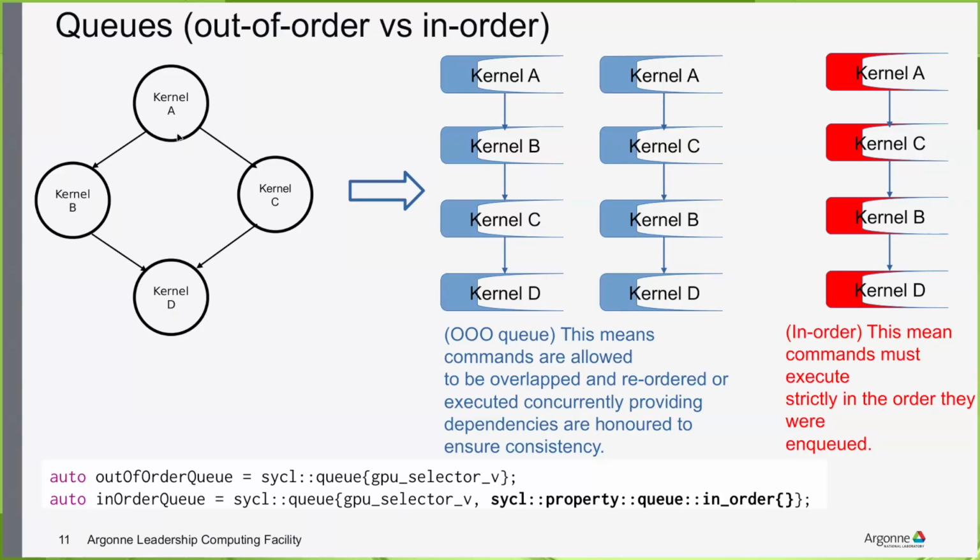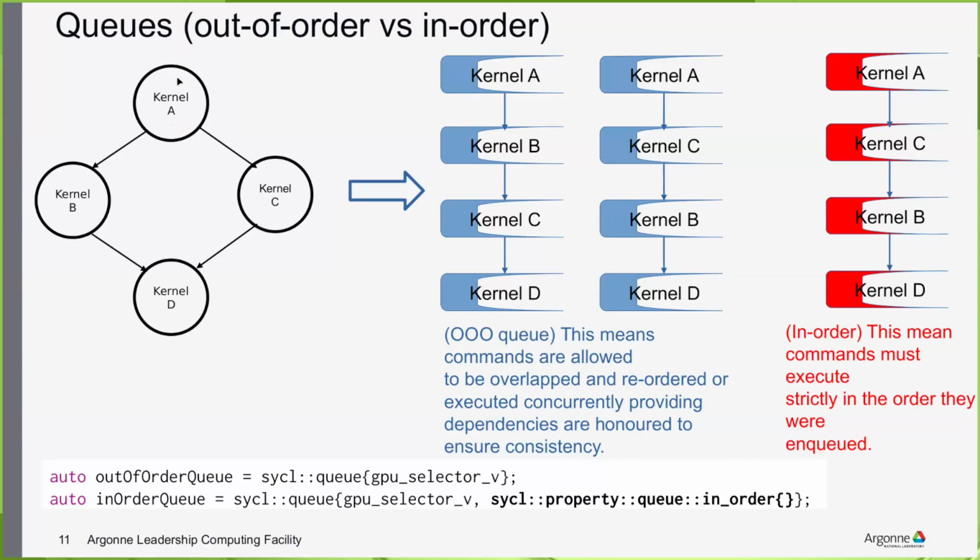If we start launching kernels on an out of order queue, it could execute in A, B, C, D or A, C, B, D order. There is no ordering between B and C kernels. It's up to the hardware to choose. If you need ordering, you use the in order property, and execution depends upon the submission of kernels.